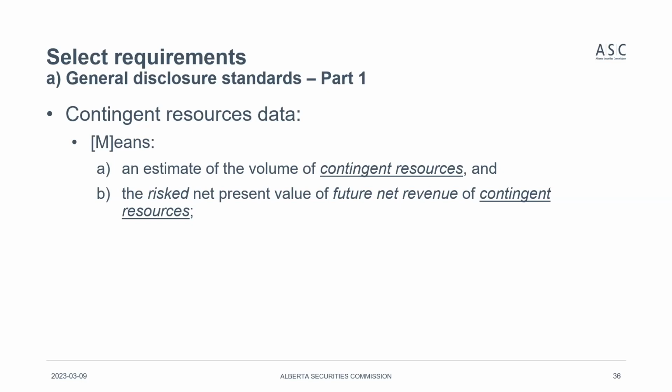And if you just leave the data off, the contingent resources themselves are recoverable volumes that have risk associated with them. That's why they're not reserves. And they are discovered, so they're known to be in a certain location, but they're not commercially recoverable. Once they are commercially recoverable, they could have the opportunity to be considered reserves.